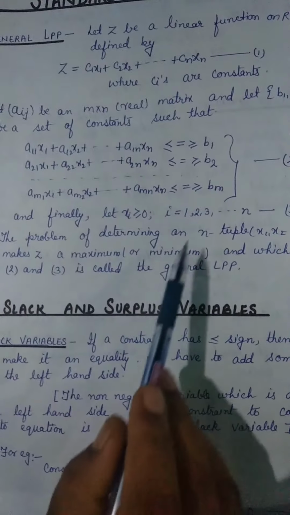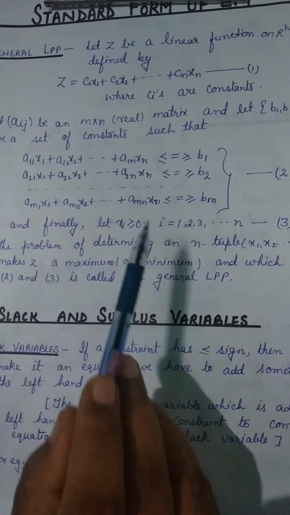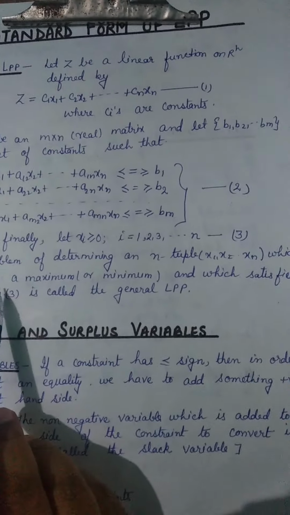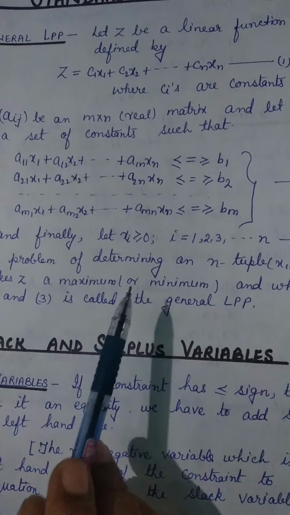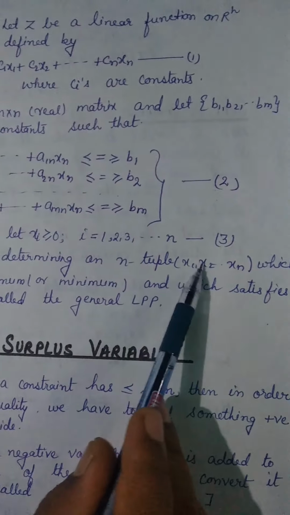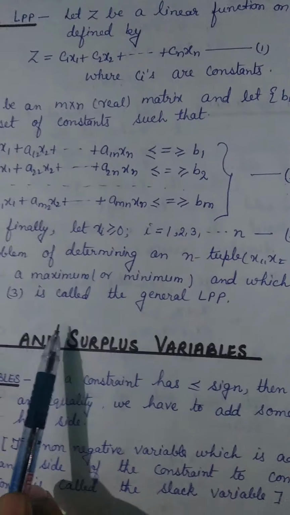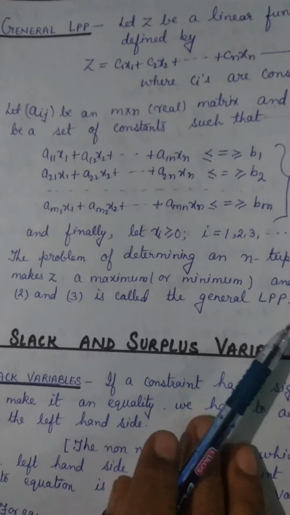The problem of determining an n-tuple, that is x1, x2, ..., xn, which makes this z a maximum or minimum, and which satisfies equations 2 and 3, is called the general linear programming problem.